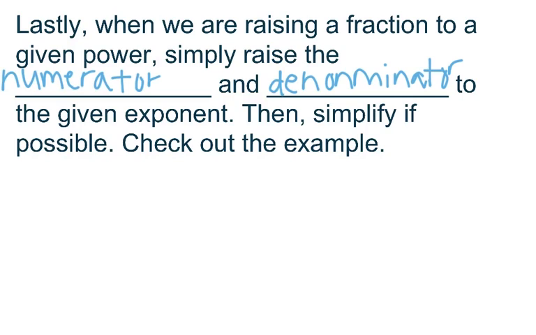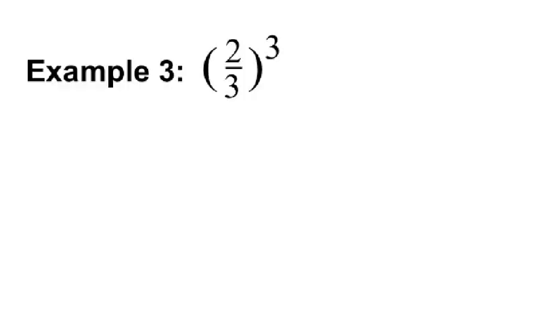Then simplify if possible. Let's look at the example. So we have 2/3 to the 3rd power. So like I said, we're going to raise the numerator to that exponent, so 2 to the 3rd. And in the same way, we're going to raise the denominator to that exponent, so 3 to the 3rd power. And now we want to simplify.